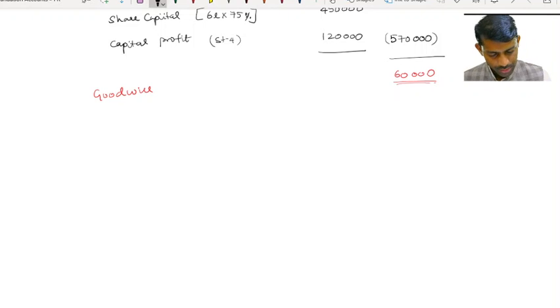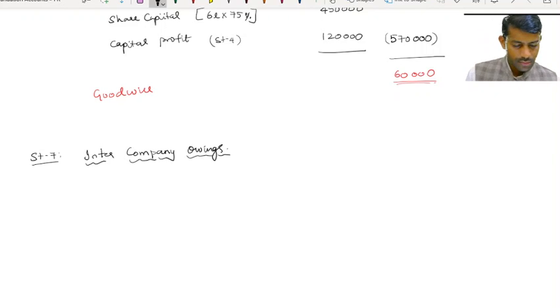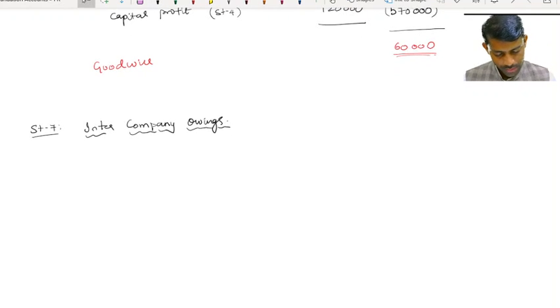Next, step number 7, intercompany owings. Here there are no other investments, only equity shares. If there were a preference share or debenture, I would have cancelled it here, but here there is nothing. So intercompany owings: debtor and creditor.